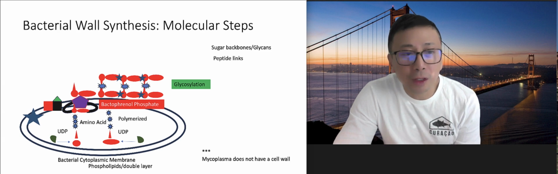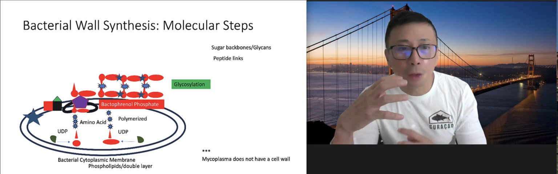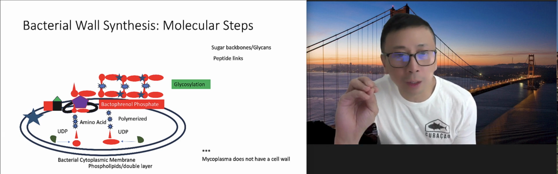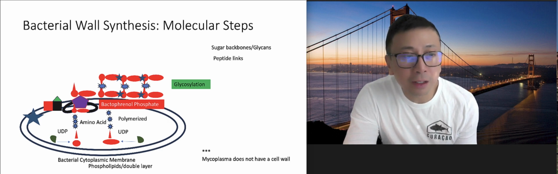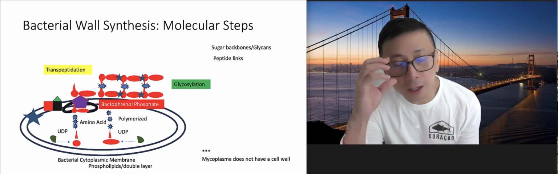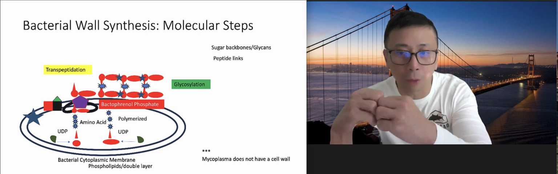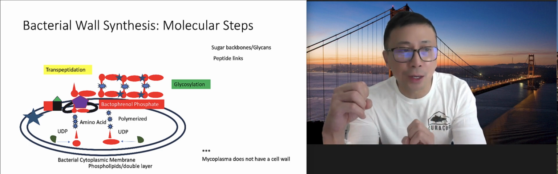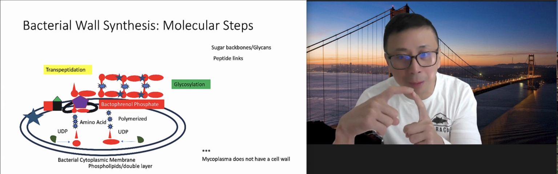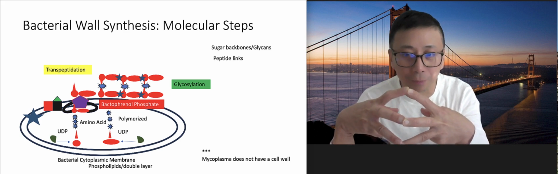So when you are putting this together, it will solidify and become a very good sugar backbone. So that process is called transpeptidation. Okay, so we use the term glycosylation when you are putting them all together, and transpeptidation when you're connecting their peptides together to form a web like this.